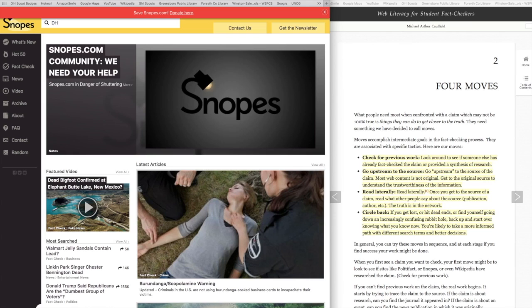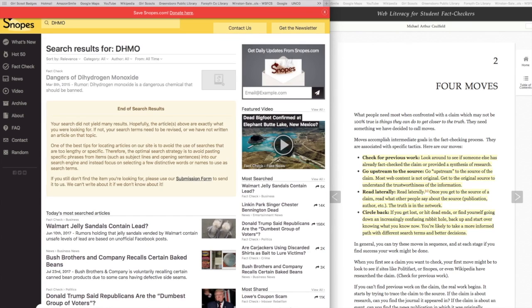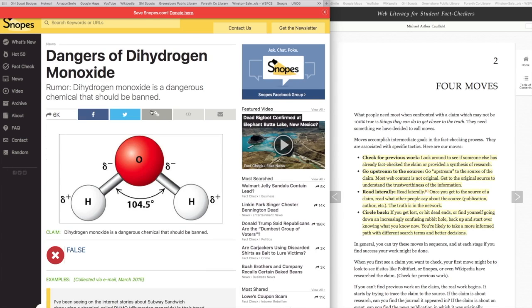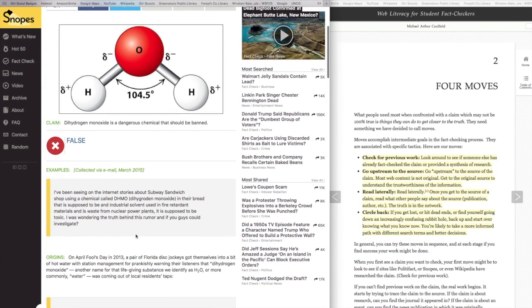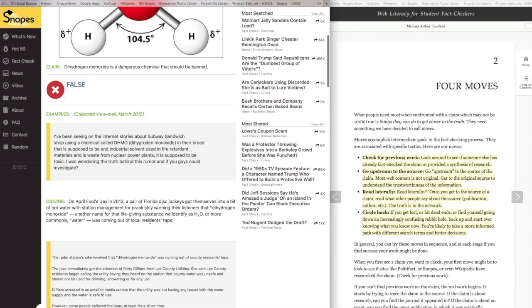The first result, when we search in Snopes, shows that DHMO is not a dangerous chemical as the website suggests. But actually, it was an April Fool's joke done by a pair of disc jockeys in Florida. DHMO is just another name for H2O or water. Within a minute, we were able to determine that the site is unreliable.